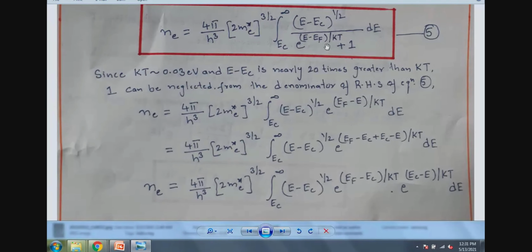Finally you get 4 pi by h cube into (2 m e) to the power of 3 by 2, integrated from EC to infinity. Bringing the exponential from the denominator to the numerator, you get e to the power of (EF minus E) by KT into dE. Continue the same equation and just expand this.